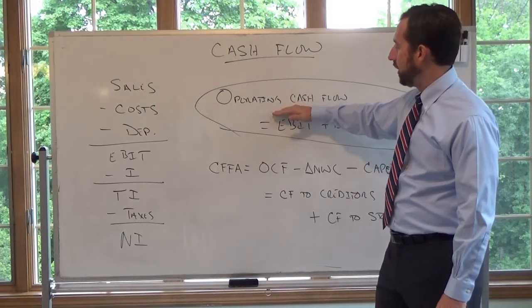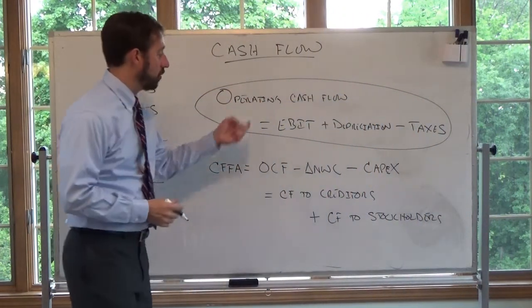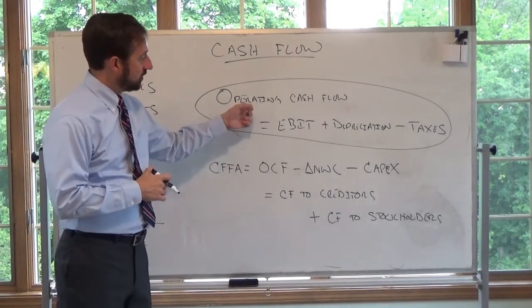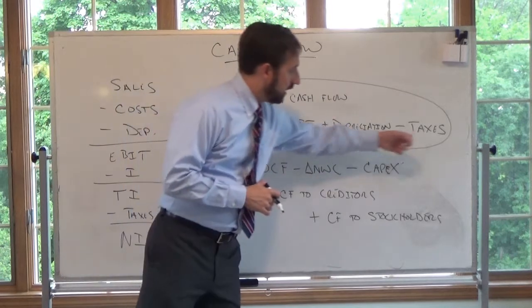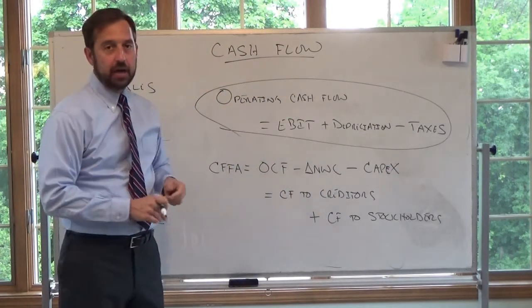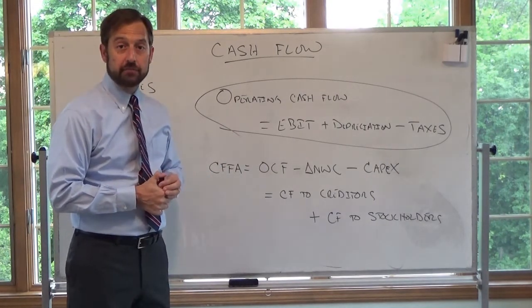However, the most important thing we're going to use going forward is operating cash flow, OCF. We'll call this OCF from now on. You don't have to memorize anything, but you should know that because we're going to use it quite a bit in the future. Excellent.